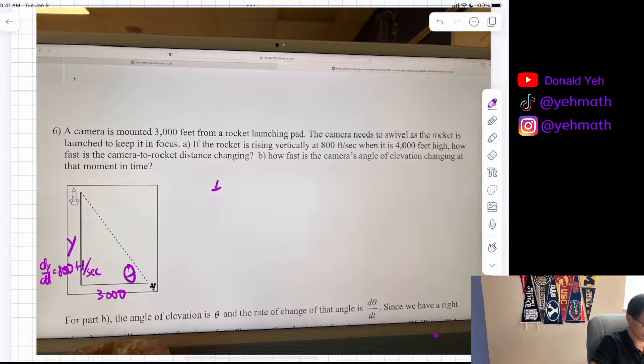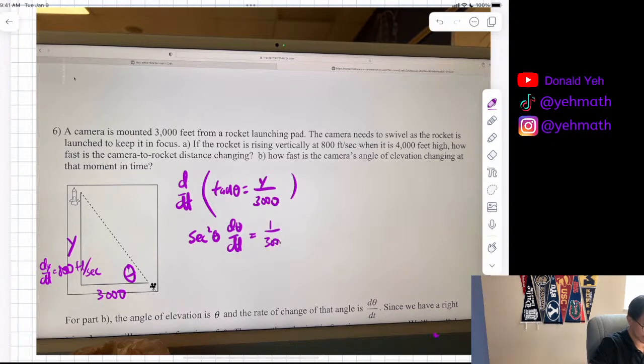Tangent of theta, because you're going to get y over 3000. And I'm going to take a derivative with respect to time. So what's the derivative of the tangent? Secant squared theta d theta dt equals 1 over 3000 dy dt.